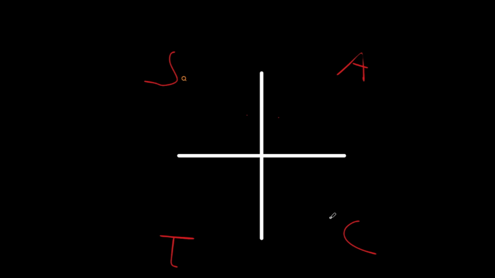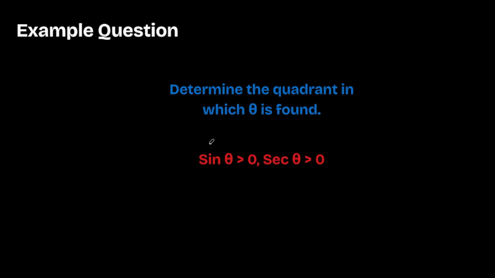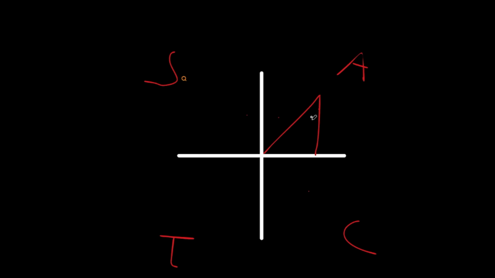So we know that secant is the reciprocal of cosine. And if our cosine is positive, it's going to be here and here. So now we see that both of our values are positive in the all quadrant, which is what we were looking for. Our sine greater than 0 and our secant greater than 0, which means our answer is quadrant 1.